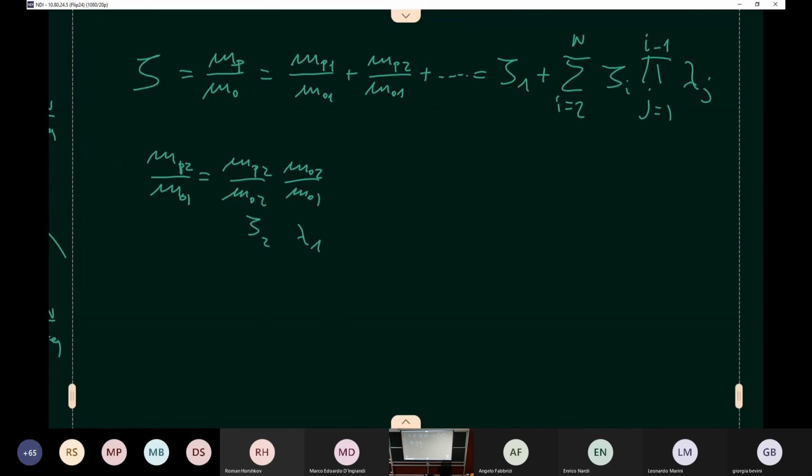And in the special case with similar stages, we have the same value of the propellant mass fraction for each stage. And then we have to consider 1, and then the second term will be lambda 1. The third term will be lambda 1, lambda 2.